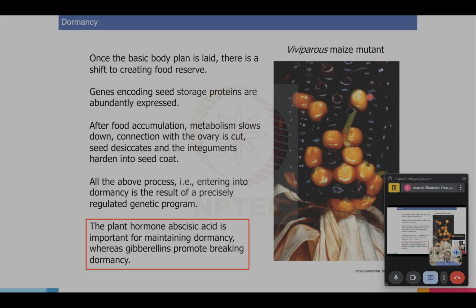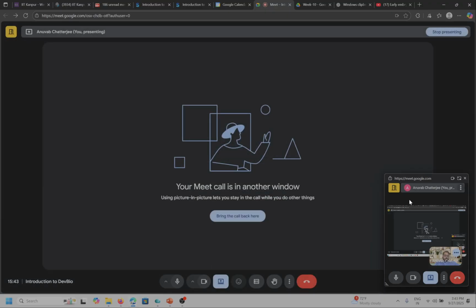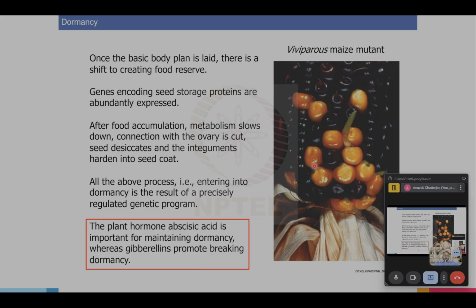But if you have a viviparous maize mutant, the seeds, without even finding a suitable environment to germinate, start doing so right on the corn cob, instead of first finding a suitable environment.